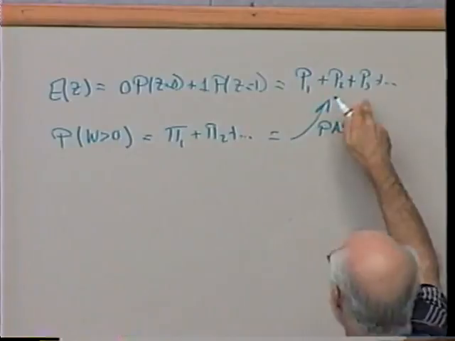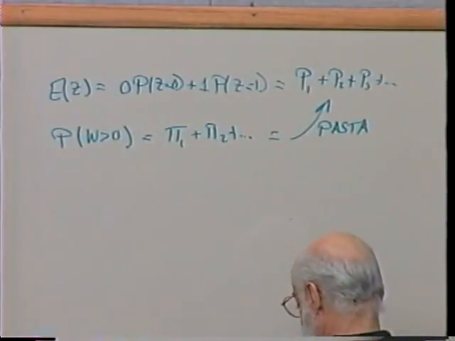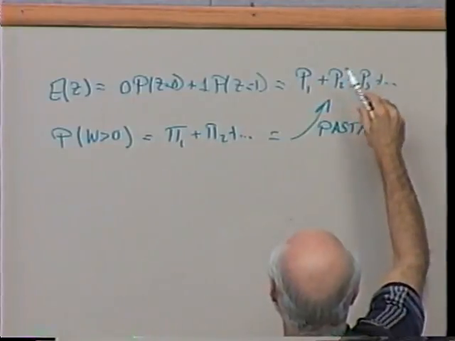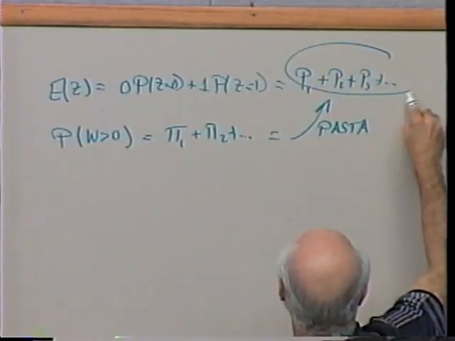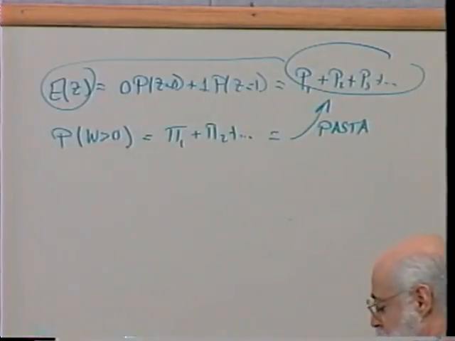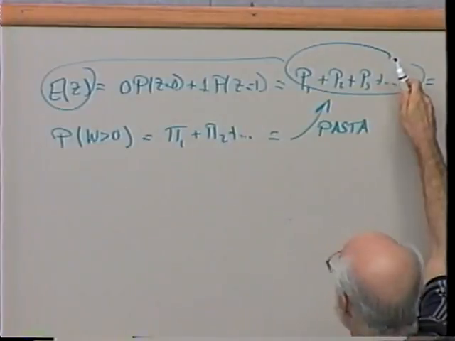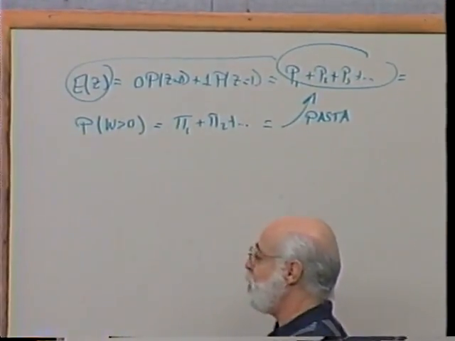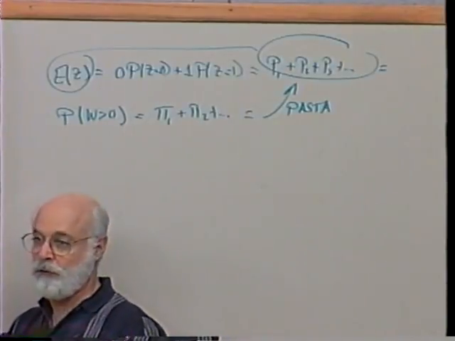Okay, but what about this thing here? Now, we know that these things are equal to this expected value, which is the expected value of the number in the server.